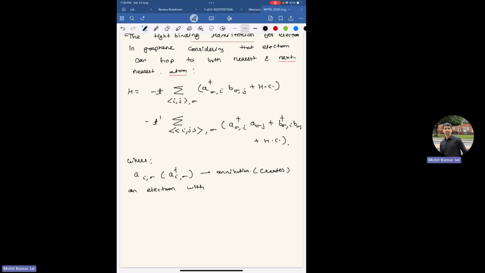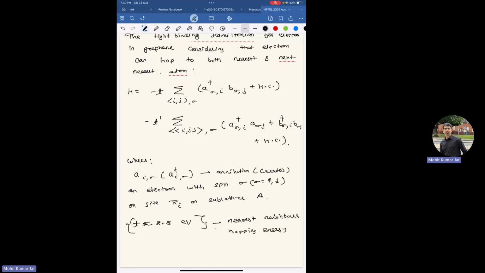With spin sigma, it can be either up or down, on site Ri, on sublattice A. For sublattice B, we have B dagger and B. And the t for the graphene is 2.8 electron volts approximately, the nearest neighbor hopping energy. And t prime is the next nearest hopping energy.